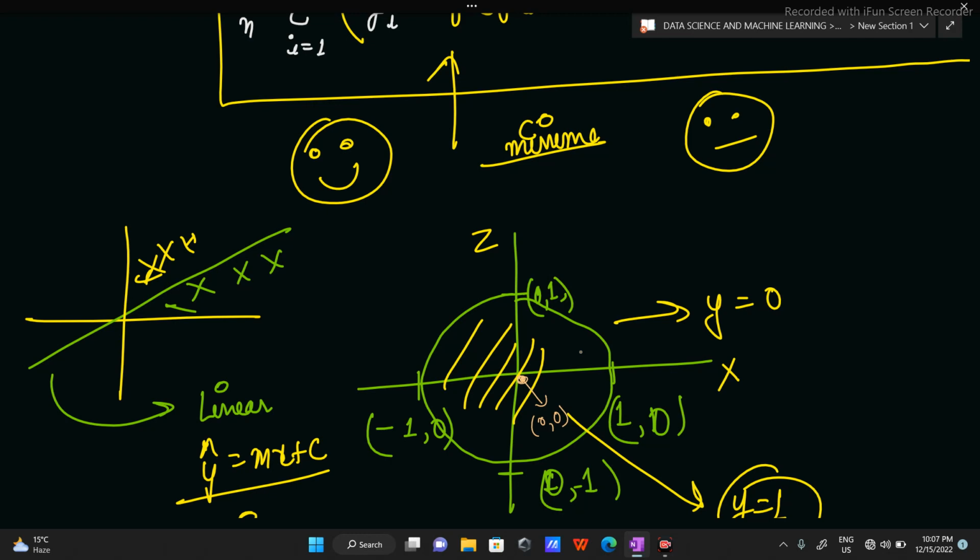So putting everything in that line, we can say radius is 1, right? Radius is 1, r square equal to (x minus h) square plus (y minus k) whole square. So what I'll do, see, what is x square plus y square. This is the equation of a unit circle, and I'll just use it.